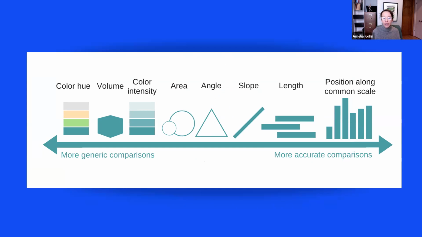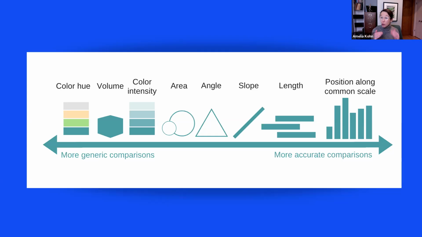So as you can see, we're only able to make pretty generic comparisons among color, hues, and intensity. So if you show me 2 shades of green, I'd be hard pressed to say one is twice as dark as the other. But I could say one is darker than the other. I just can't tell you if it's twice as dark.